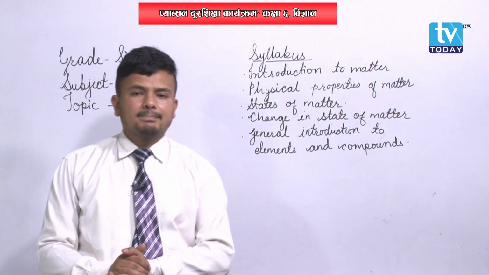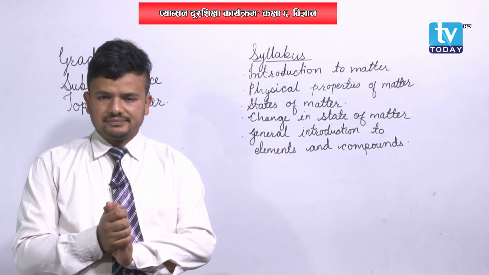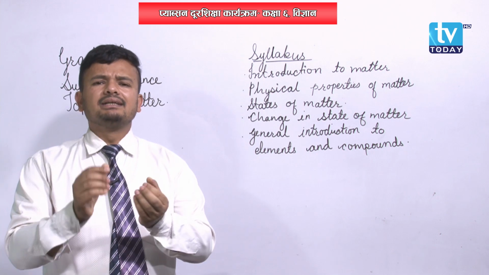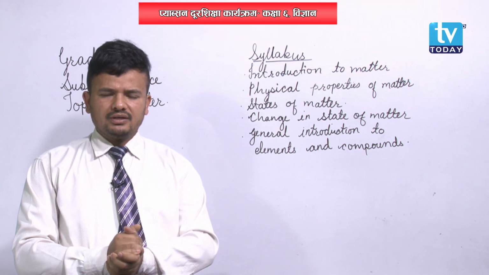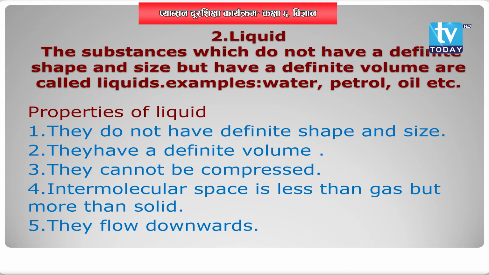Next, properties of liquid. First you should know what the definition of liquid is. Those substances which do not have definite shape and size, but have a definite volume, are called liquids.